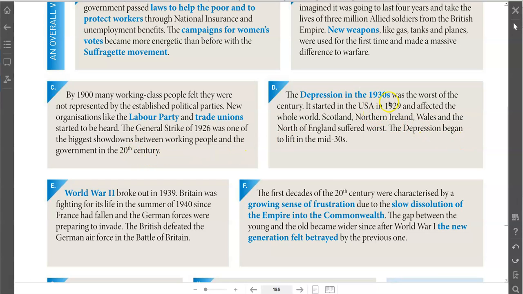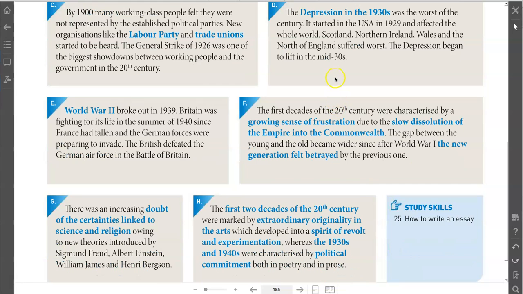The Depression in the 1930s was the worst of the century. It started in the USA in 1929 and affected the whole world. Scotland, Northern Ireland, Wales, and the north of England suffered the worst from this depression. And the depression began to lift in the mid-30s.